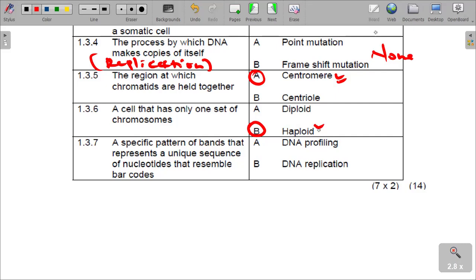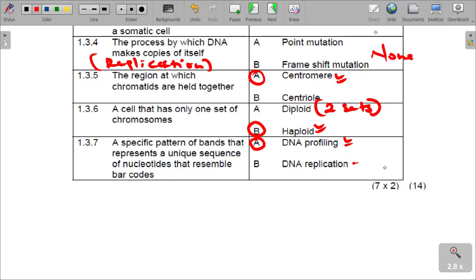When it has one set, it is called haploid. Diploid is when it has two sets. And then a specific pattern of bands that represents a unique sequence of nucleotides that resembles a barcode. We call that DNA profiling.